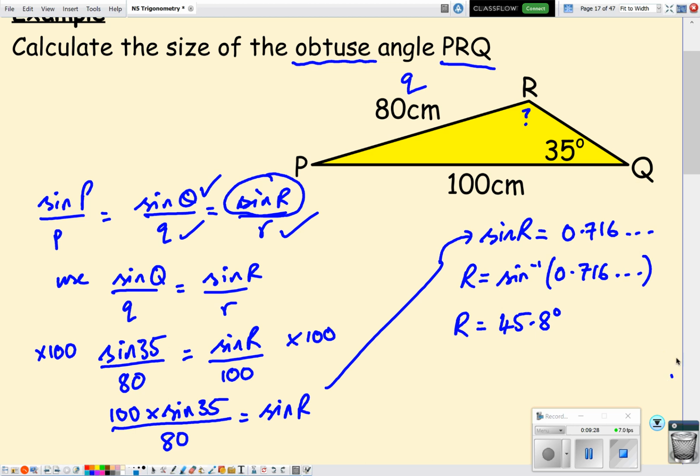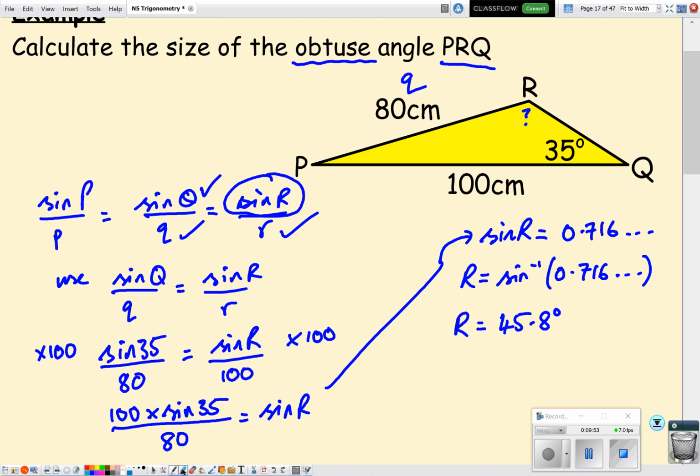But there are ways that we'll study later in the course as to why you get more than one solution. But that's for a trigonometry unit that's going to come much later on. For now, I'm happy to just tell you that if you are having to work out an obtuse angle, your calculator will always give you an acute angle.